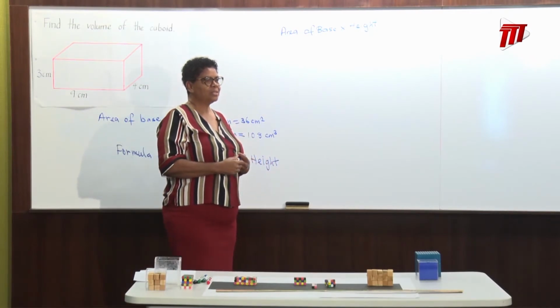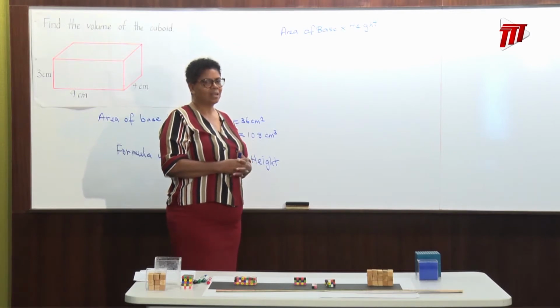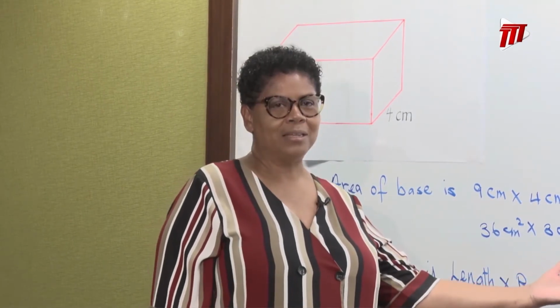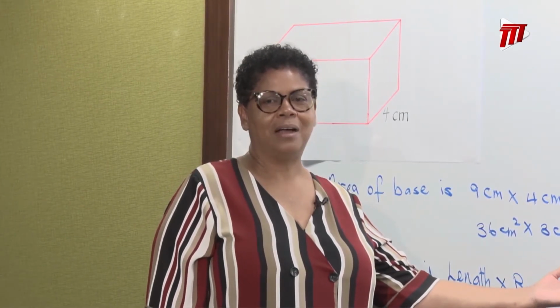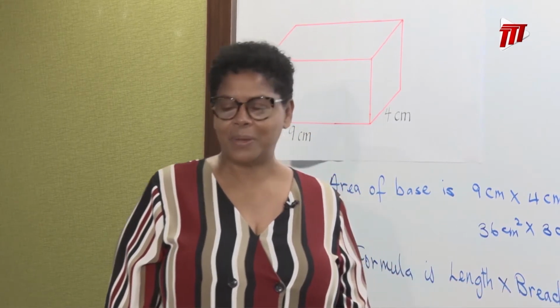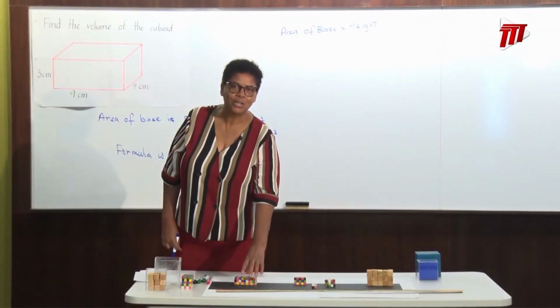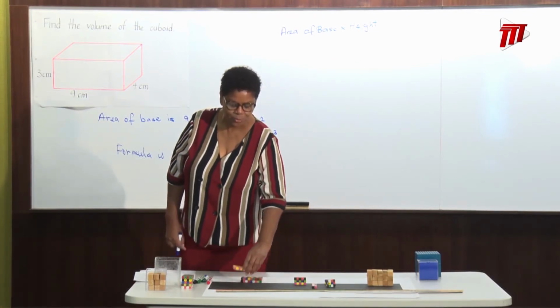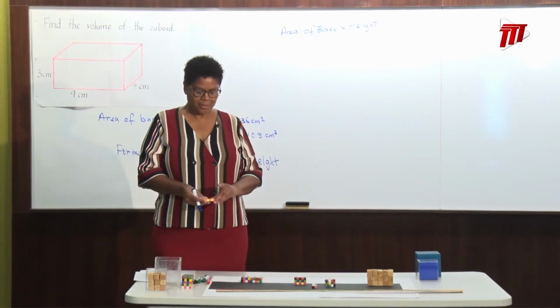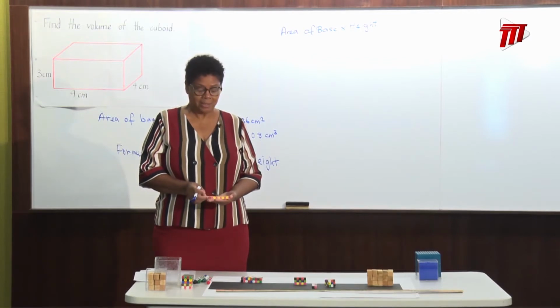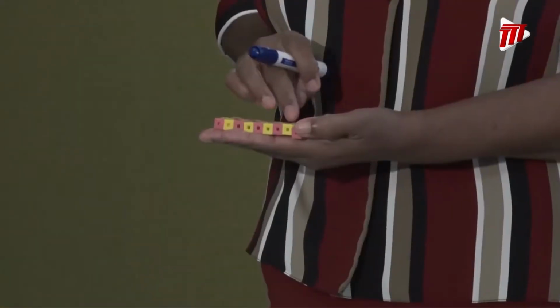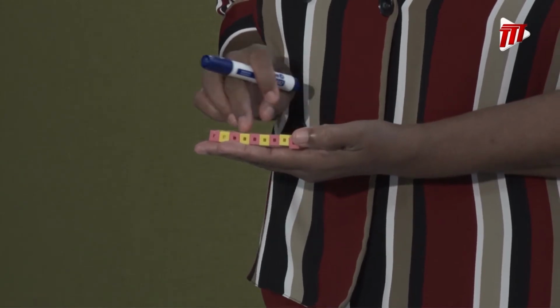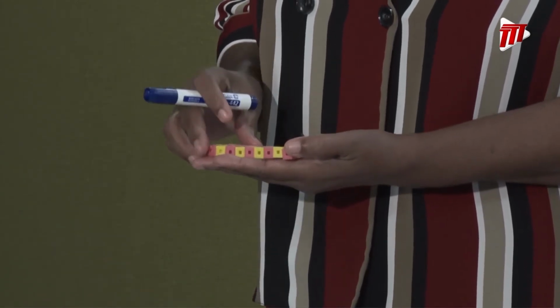Now we are going to use that formula to solve. So using the formula to find the volume of a cuboid is just another way instead of counting. So we can demonstrate this. We can count the base, and it would have been 9 multiplied by 4, which is 36.